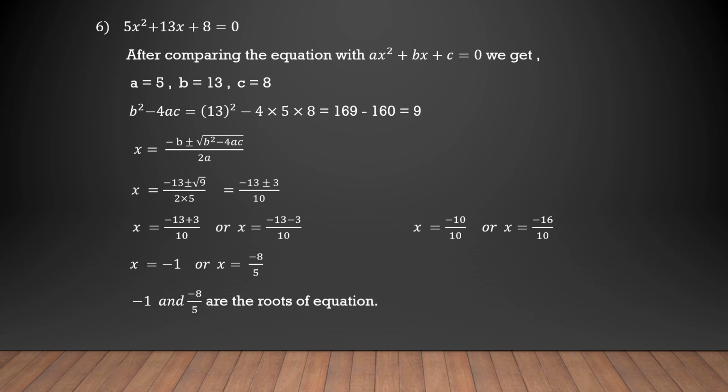Minus 13 minus 3 is equal to minus 16, and minus 16 by 10 is equal to minus 8 by 5. So value of x are x is equal to minus 1, or x is equal to minus 8 by 5. So the roots of the equation are minus 1 and minus 8 by 5.